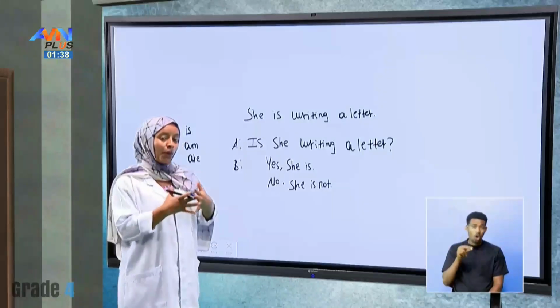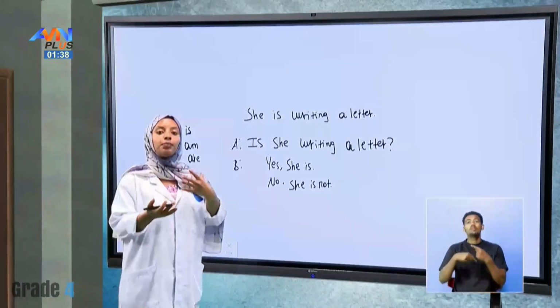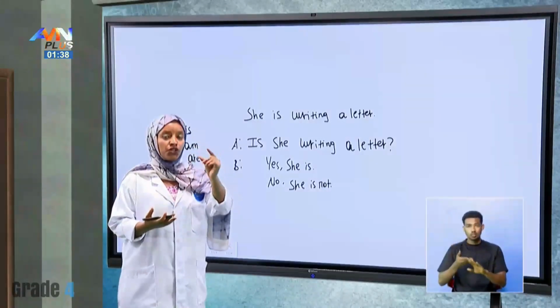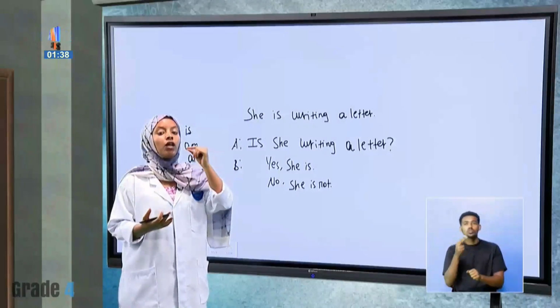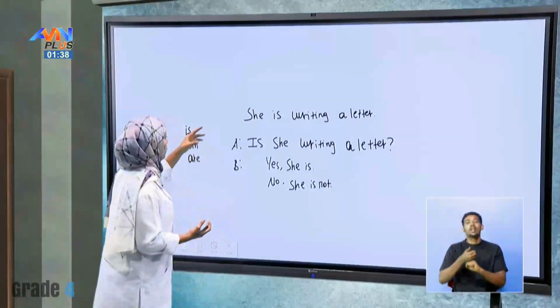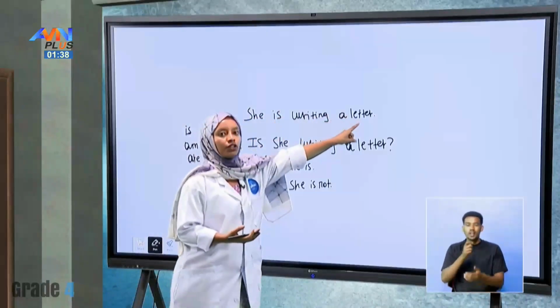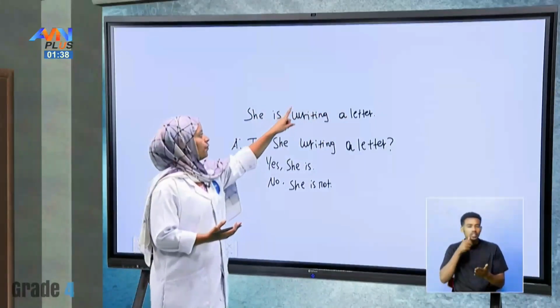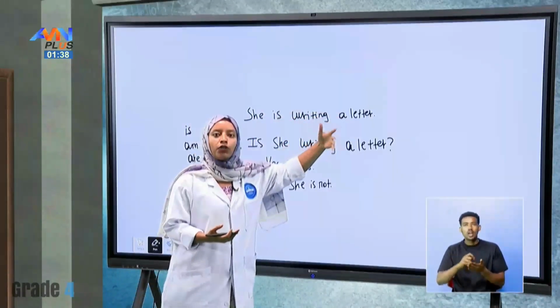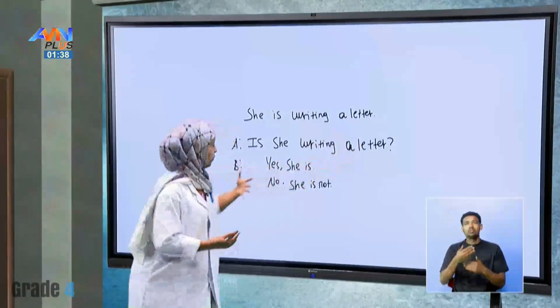And also, when we come to a negative sentence, like before, you can use not after the helping verb. For example, she is writing a letter. So what are you going to say and write?